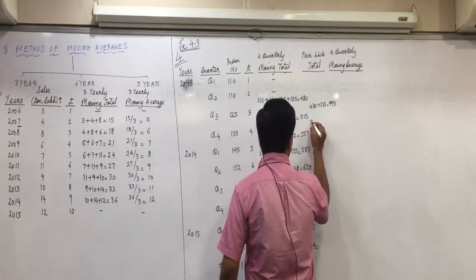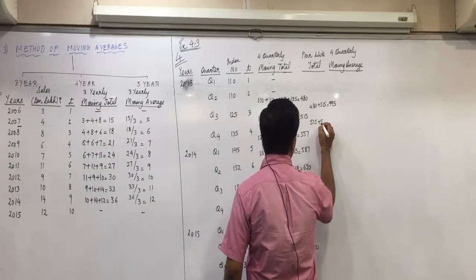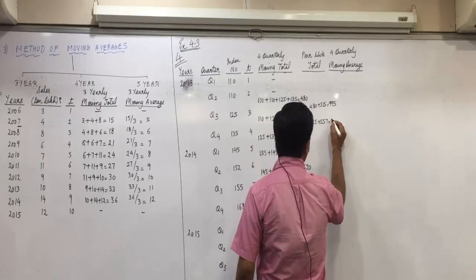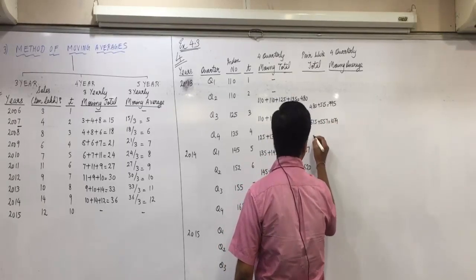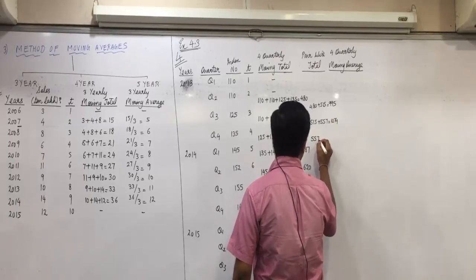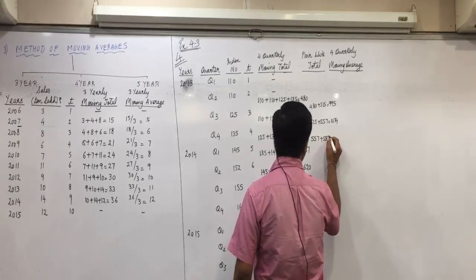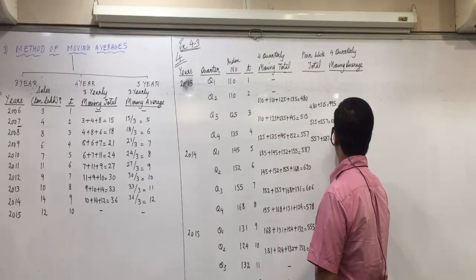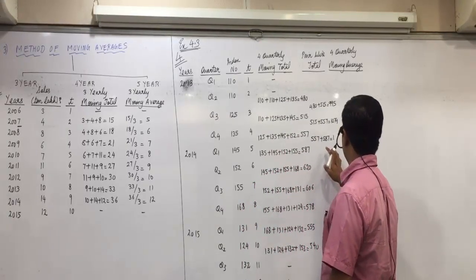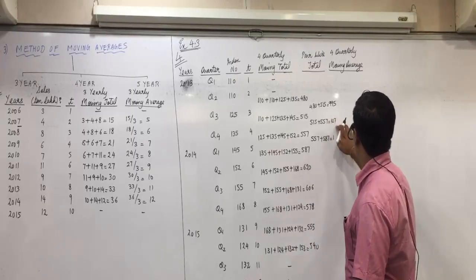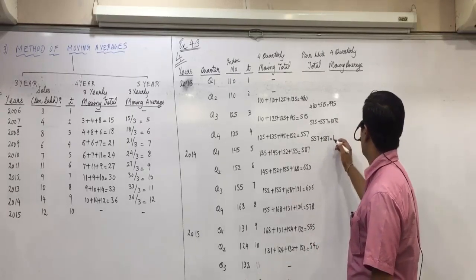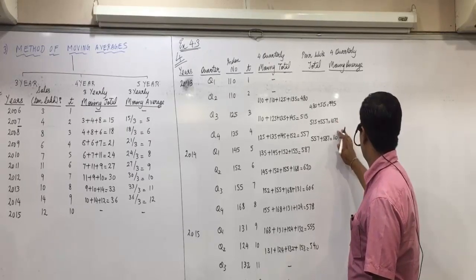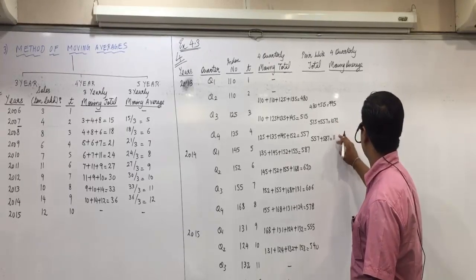Then 515 plus 557, 1074. 557 plus 587, 1144.